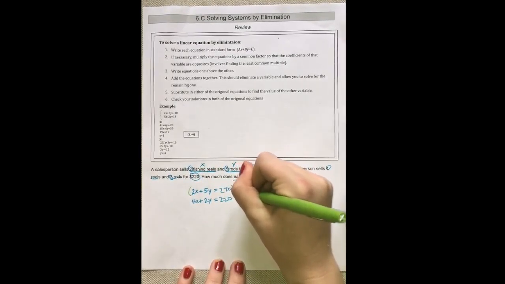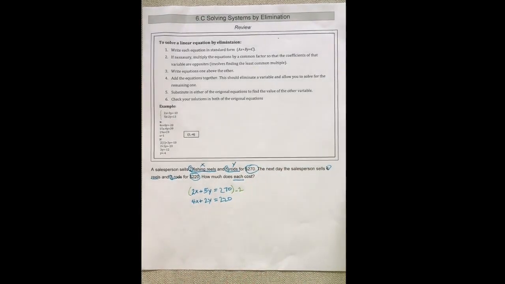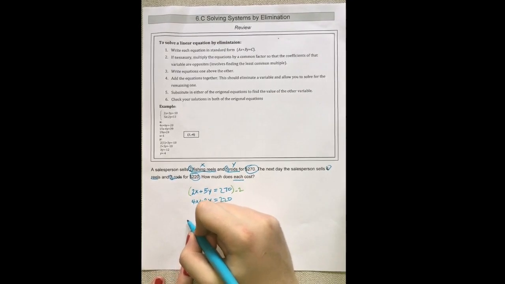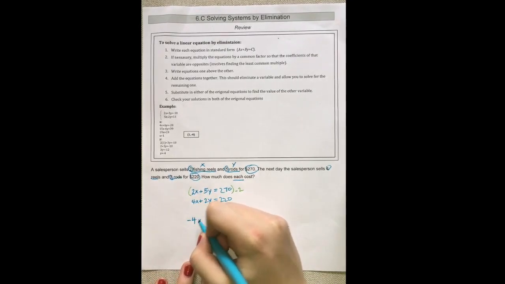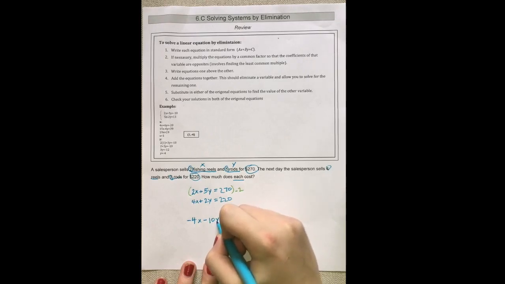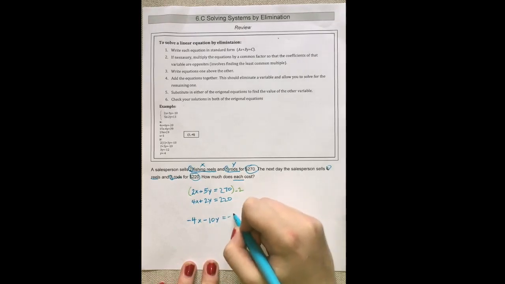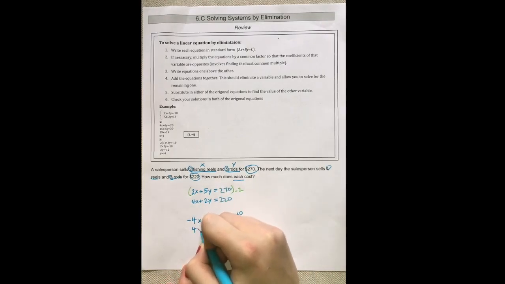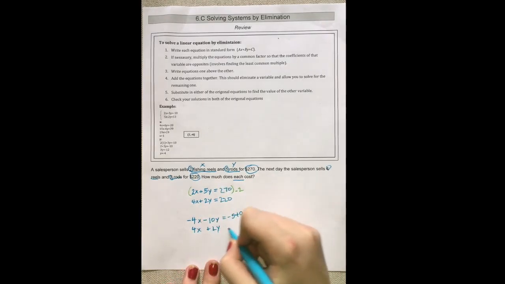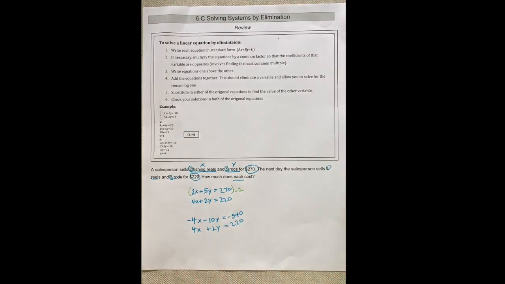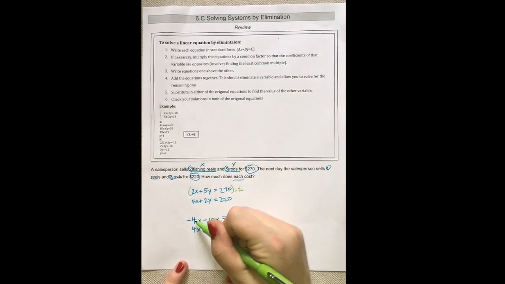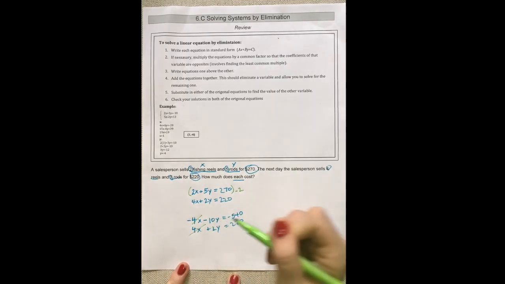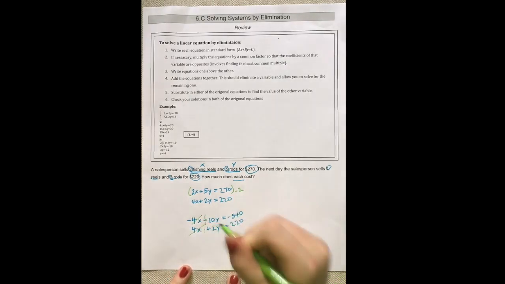Our new equation is -4x minus 10y equals -540. Then we bring this one down: 4x plus 2y equals 220. Now 4x and -4x cancel out, leaving us with this.